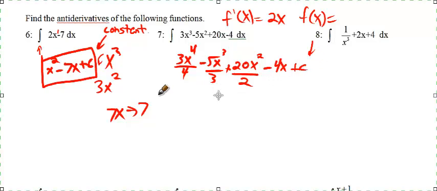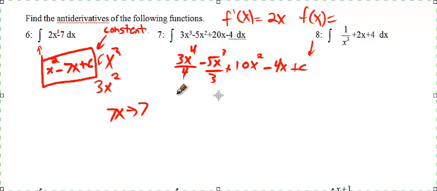People forget it all the time, and depending on who your teacher is, if it's me, it's half a point, but you don't want to lose that point. It's a very easy point to get. And technically this 20 divided by 2 should just be 10. I wouldn't change any of these into decimals, especially not the second one, but that's the main thing.